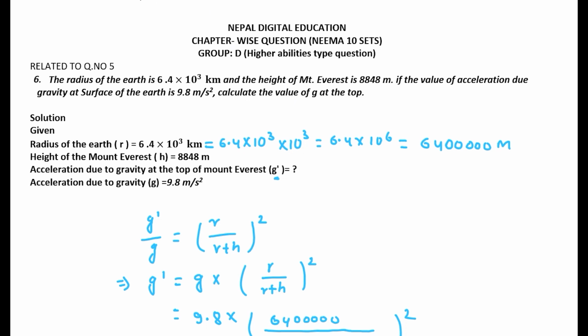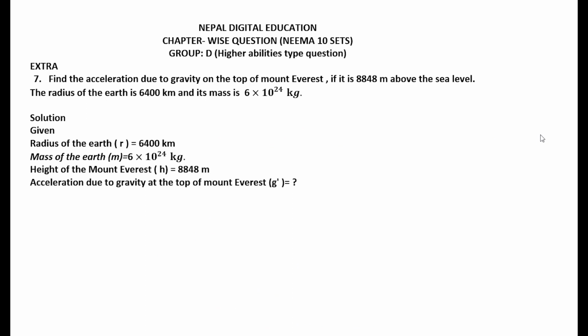Let us look at problem 7. Find the acceleration due to gravity on the top of Mount Everest. So we have to find the g dash here, or we can also write g only. If it is 8848 meter above the sea level, so height is given 8848 meter. The radius of the earth is 6400 kilometer.